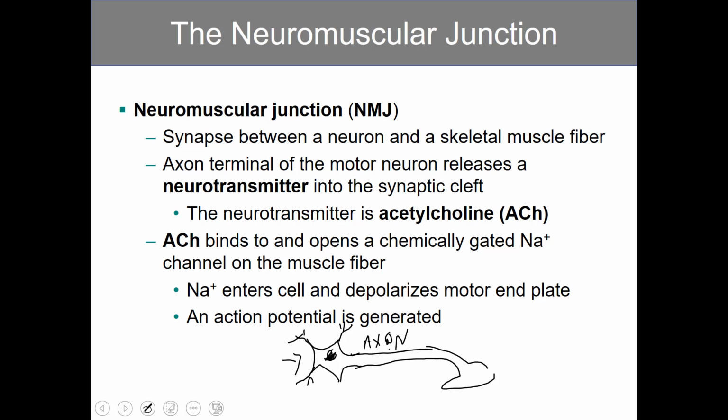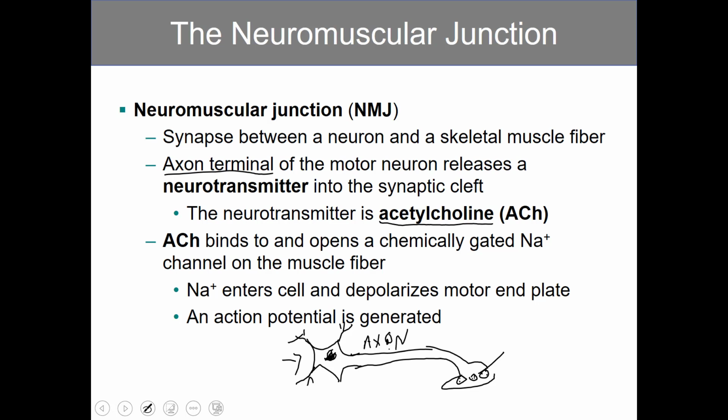And at the end of the axon is the axon terminal. Within the axon terminal, we have vesicles that are filled with neurotransmitter molecules. The neurotransmitter at all neuromuscular junctions is a molecule called acetylcholine, and you'll learn this molecule well, ACh.